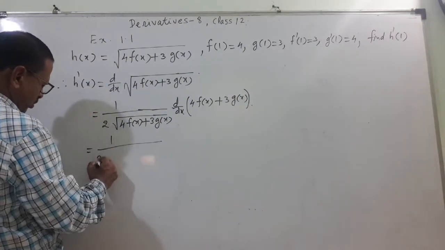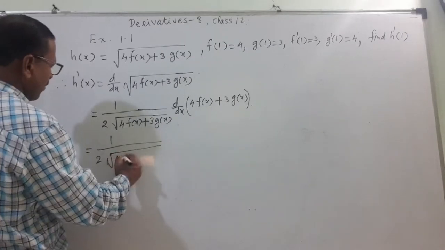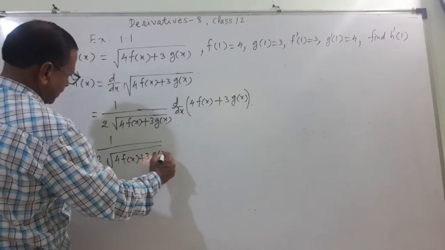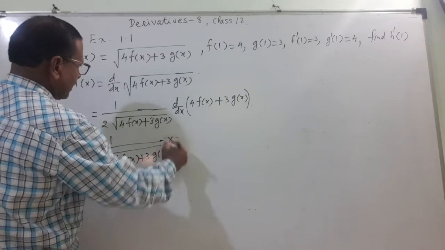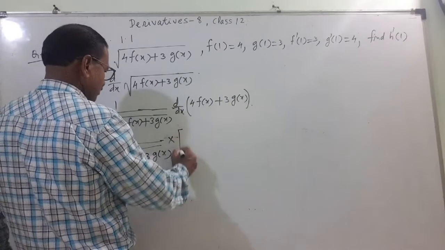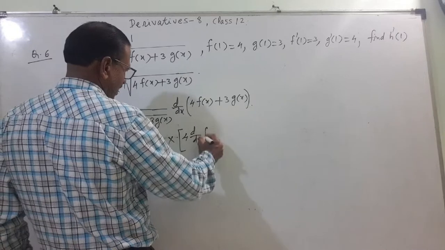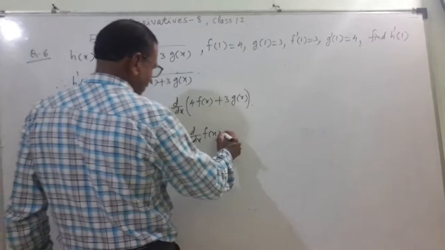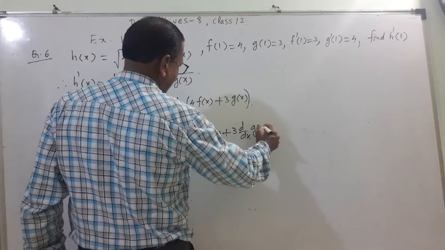So 1 upon 2 under root 4 into f of x plus 3 into g of x, into the derivative of the individual terms. I will write 4 into d by dx of f of x, because this is a coefficient, the coefficient is taken out, plus 3 into d by dx of g of x.